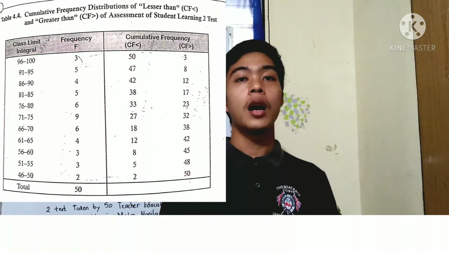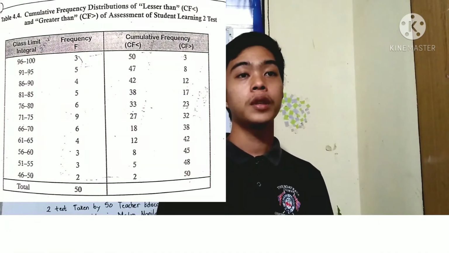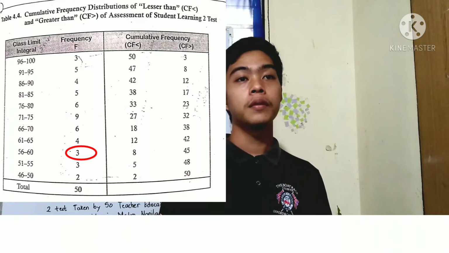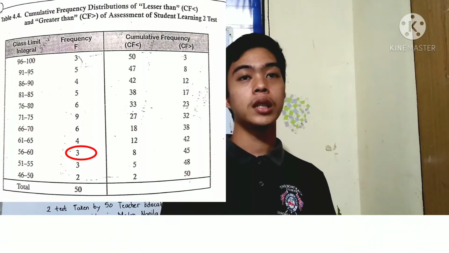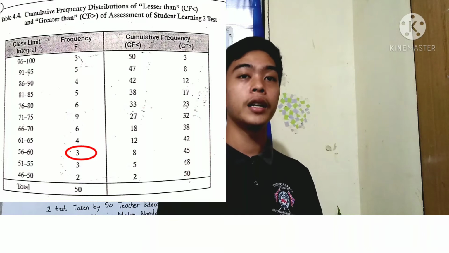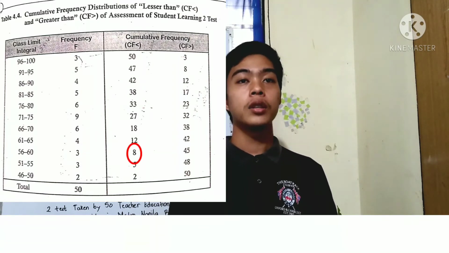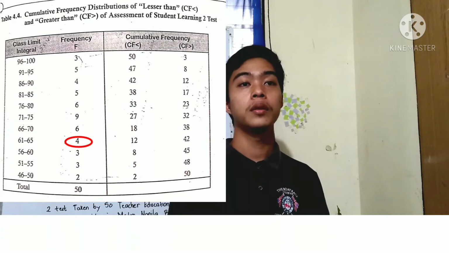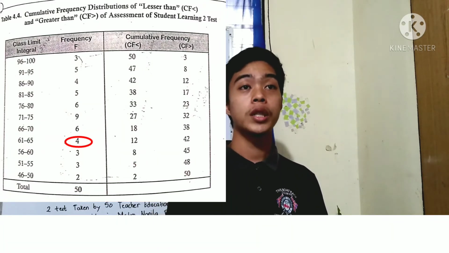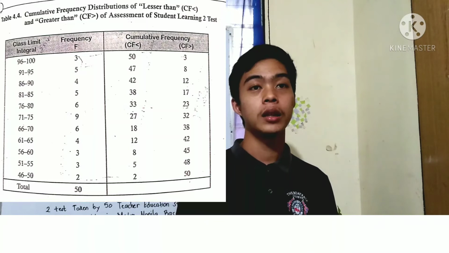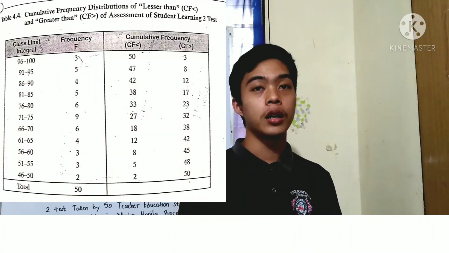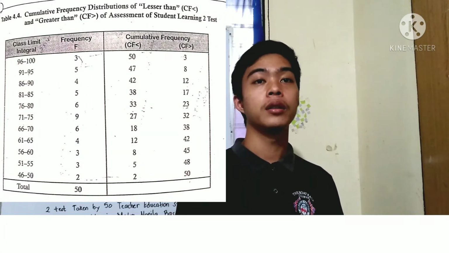Then for the frequency of 3 in class limit 56 to 60, you will just add 3. So 5 plus 3 equals 8. For the frequency of 4 in the 61 to 65 class limit integral, you will just add 4.